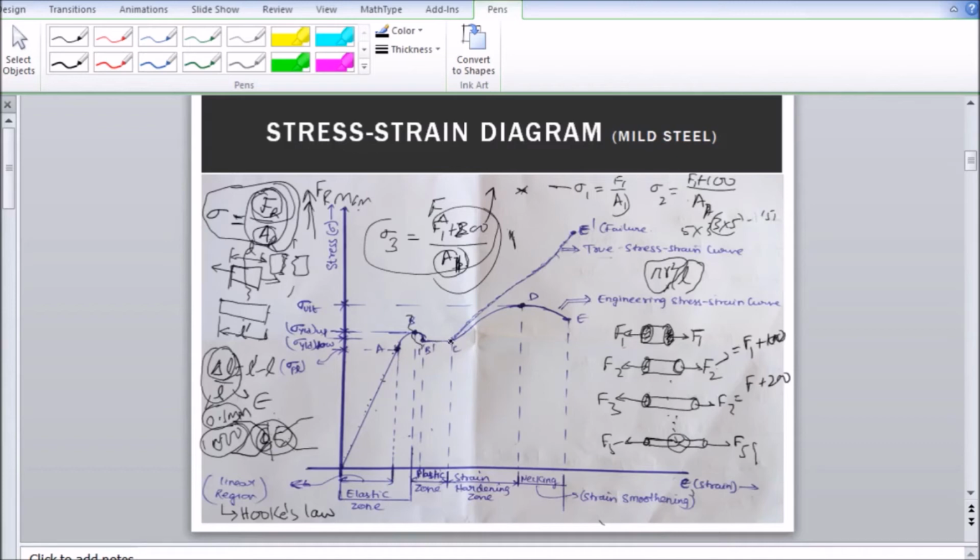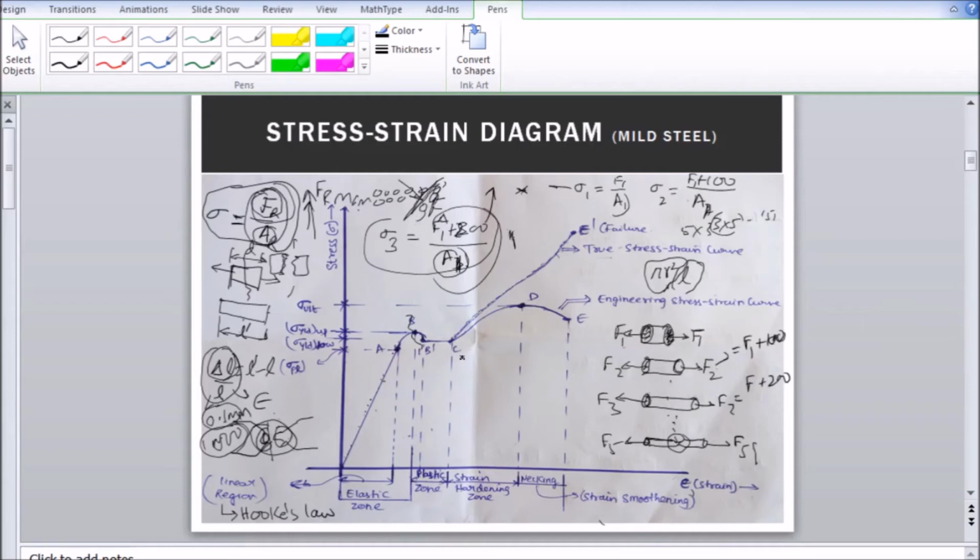Once point C is reached, we know that material is formed of grains or layers, and these layers or grains throughout the material are not the same. Up to some extent it will be the same. After that it may change its orientation. When the orientation of the grains changes, that change will act to inhibit the plastic flow.